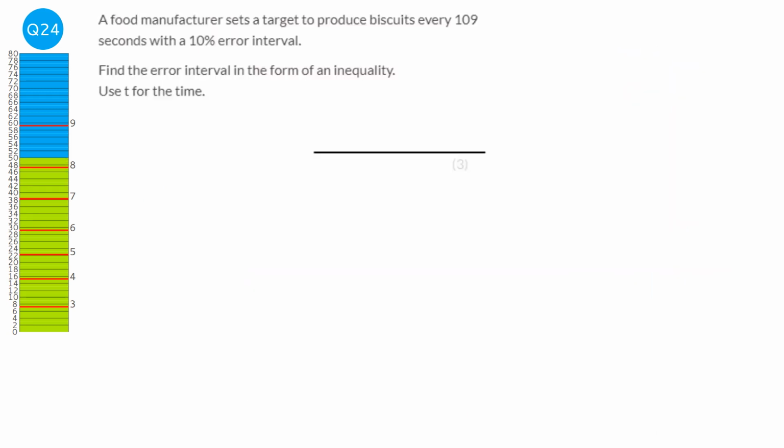First thing we need to do is find out what 10% of the 109 is. So we're just going to multiply by 0.1, and that gives us 10.9. So we're going to add and subtract this from 109.